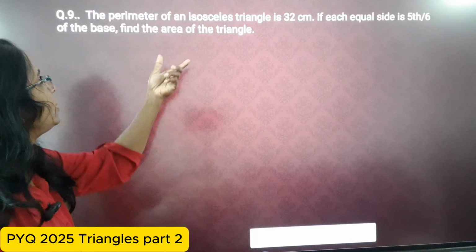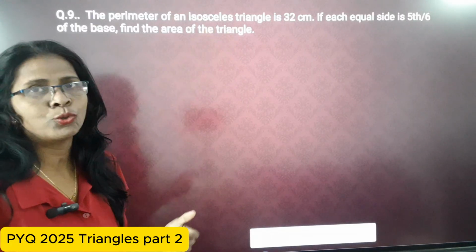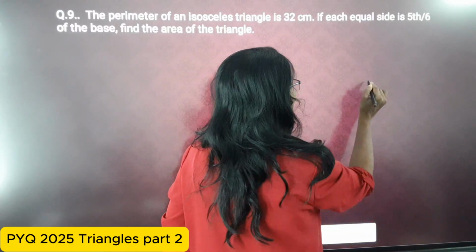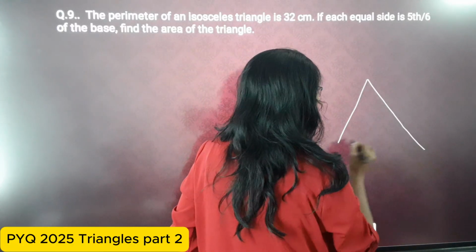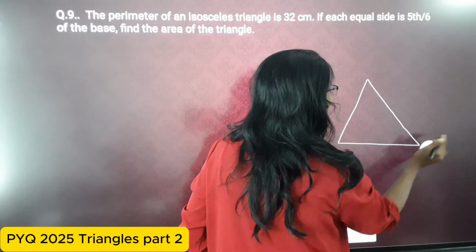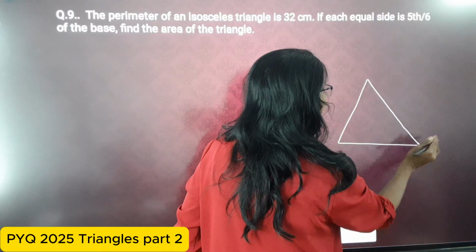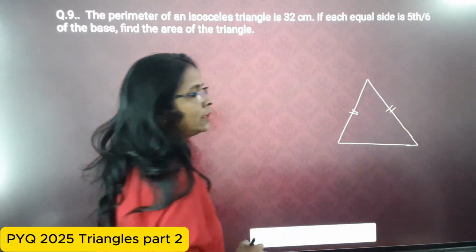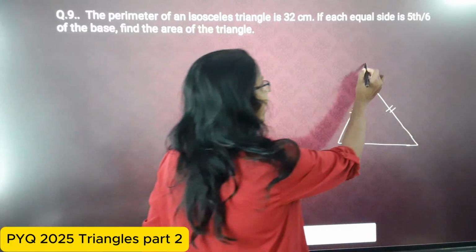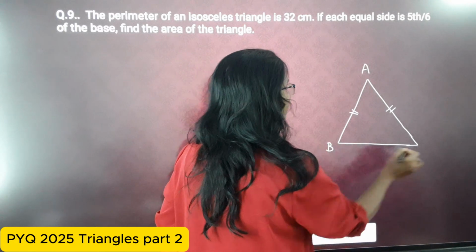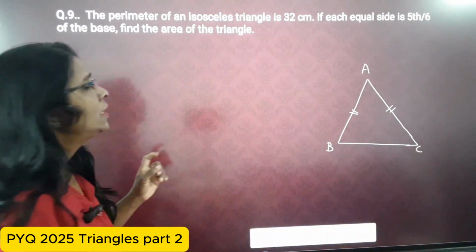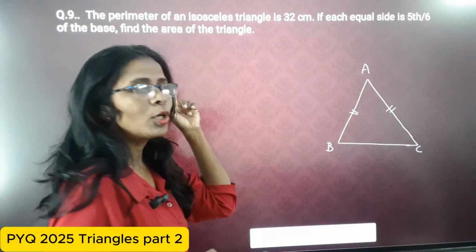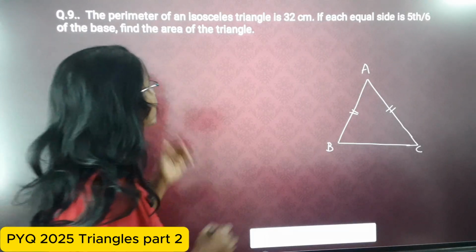Okay, now we have a special type of triangle and that is the isosceles triangle. We know that in the isosceles triangle, two sides are equal. So now here, this is the isosceles triangle here students, and these two sides are equal. I call it triangle ABC. Then here the condition is that the equal side is 5/6 of the base.